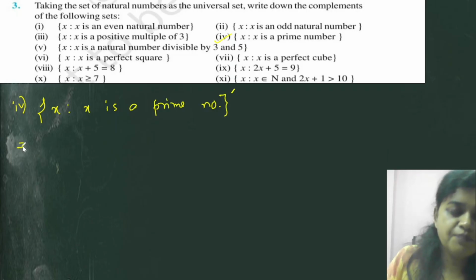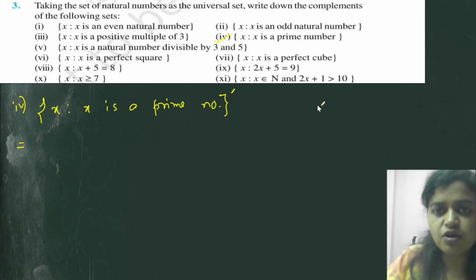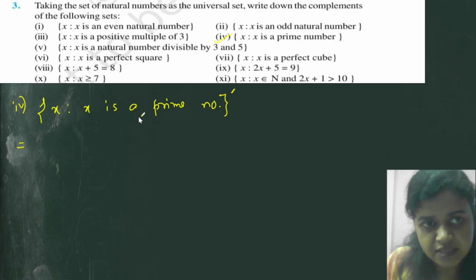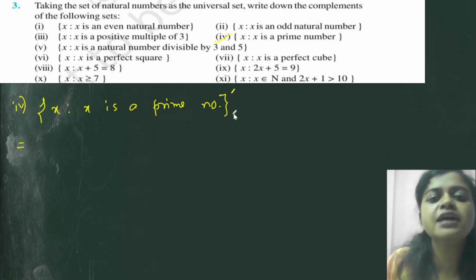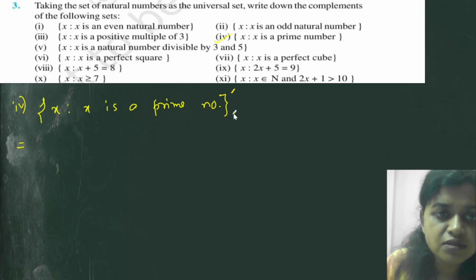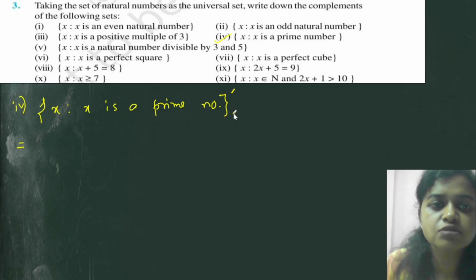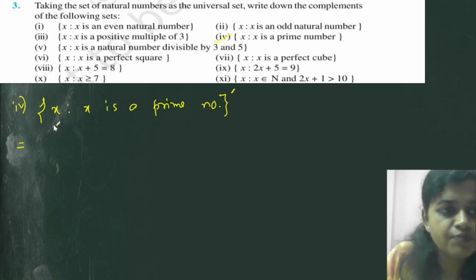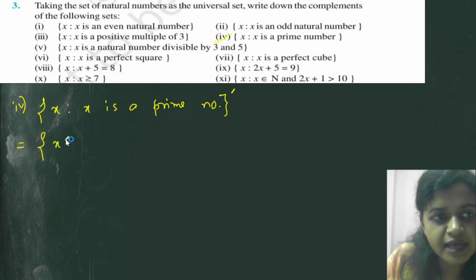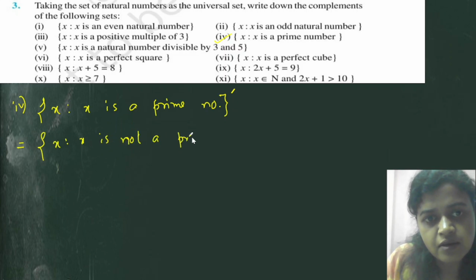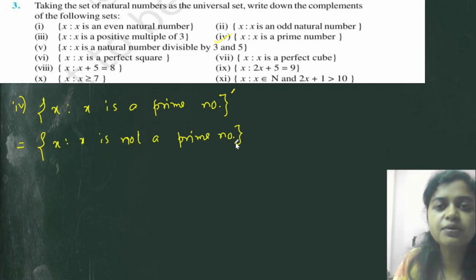If we subtract this set from the natural number set, we will get the elements which are not prime numbers. So we will get x such that x is not a prime number.